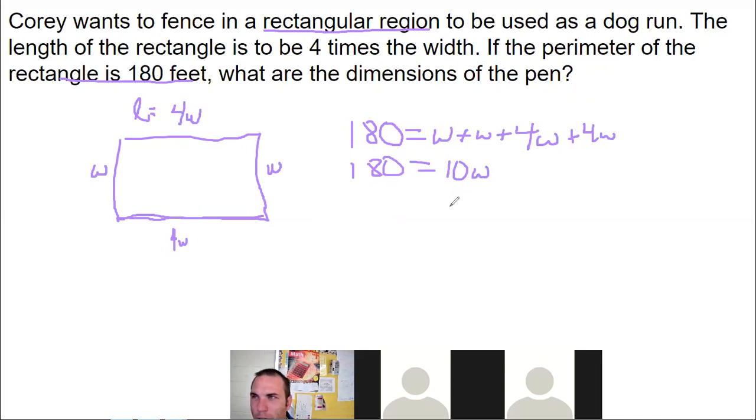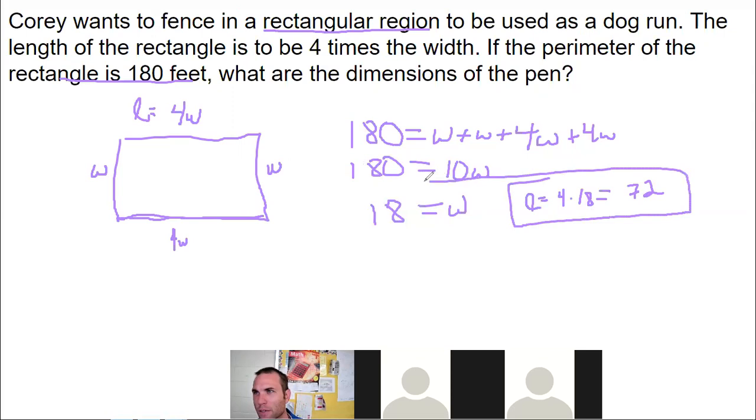And then W is equal to 18. So the width is 18, and the length is going to be 4 times 18, which is 72. And so there's my dimensions right there, 72 and 18.